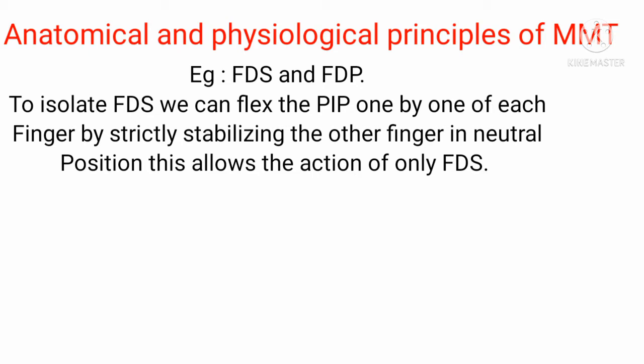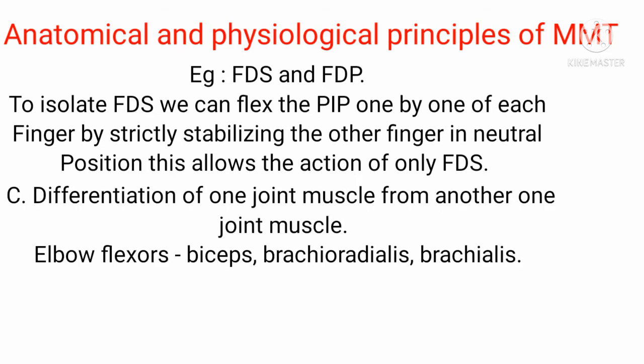To isolate flexor digitorum superficialis, we can flex the PIP joint of each finger one by one, strictly stabilizing the other fingers in neutral position. This allows the action of only flexor digitorum superficialis. Differentiation of one-joint muscle from another one-joint muscle: elbow flexors, biceps, brachioradialis and brachialis.